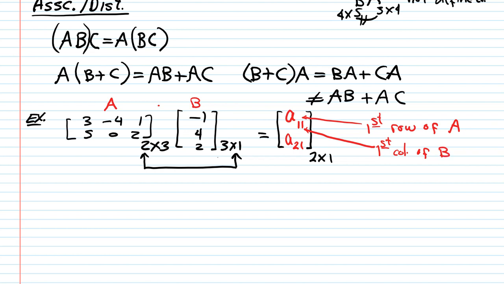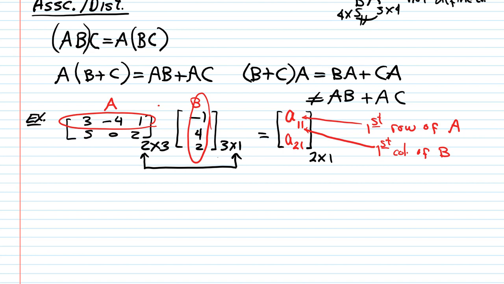First row of A, first column of B. That means I need to multiply the elements in the first row of A by the first column of B. Now, of course, B only has 1 column, but the subscript, the way I do it, will help us with larger systems, not necessarily row or column matrices. Okay, so we're going to do that.